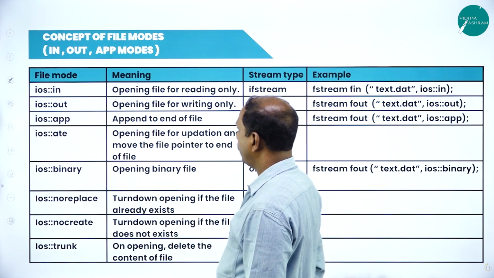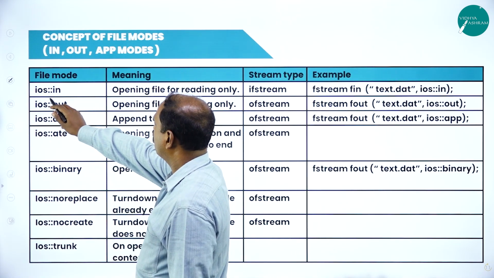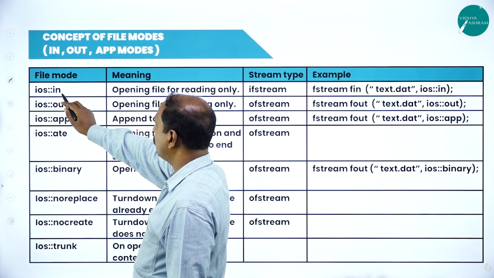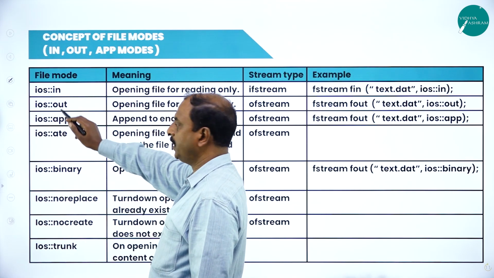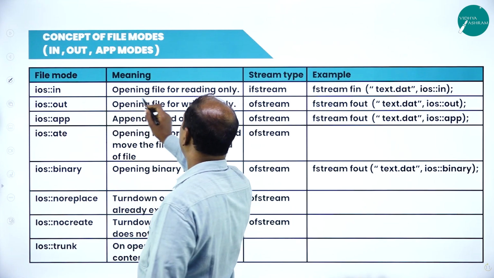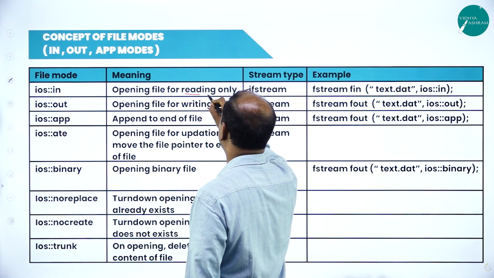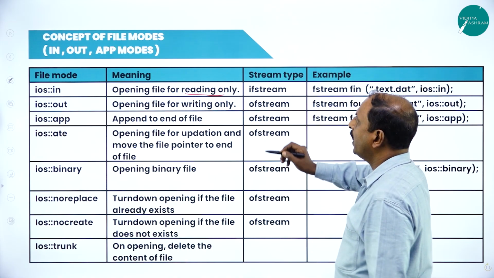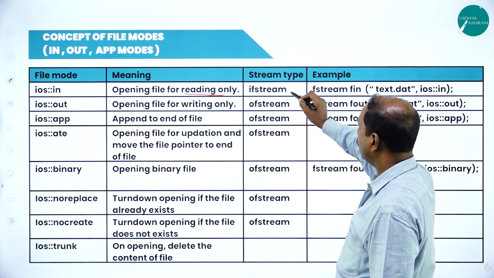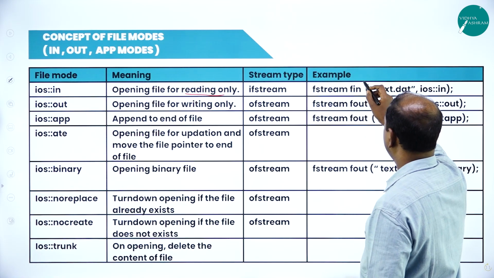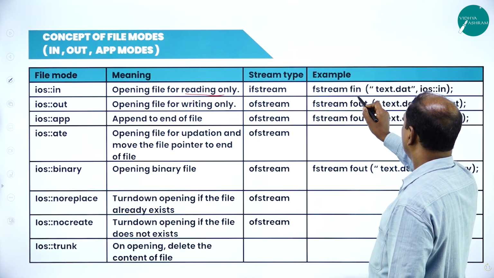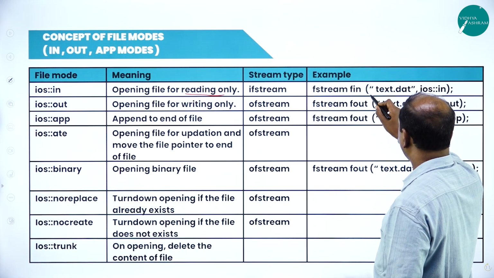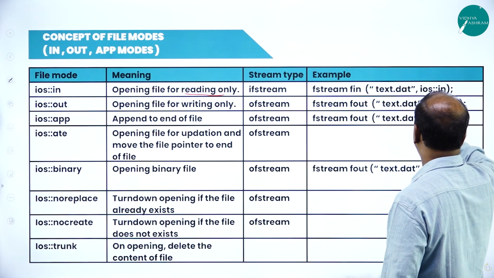Now let us see the first one: ios colon colon in. The meaning here is that the file is opened for reading only. Here in stands for input, reading only, and this belongs to the class ifstream. An example is fstream fin(text.dat, mode).